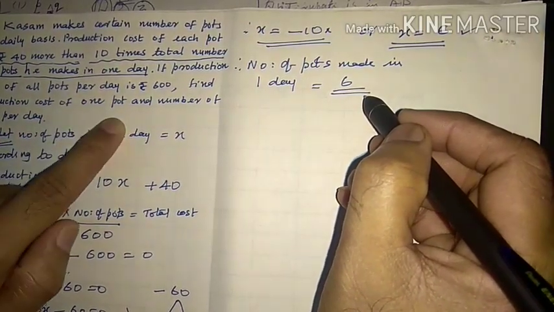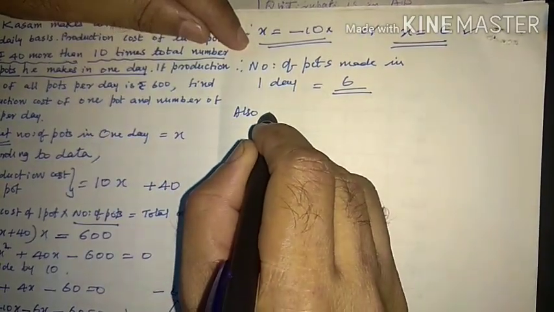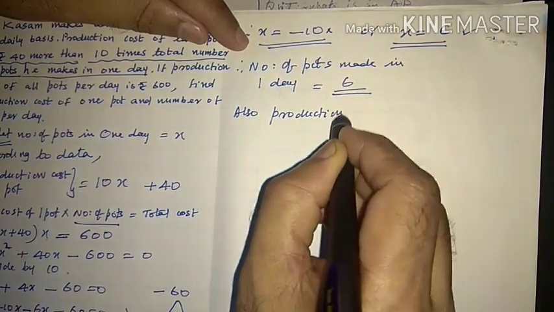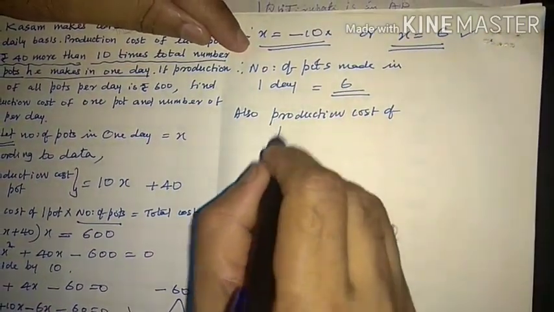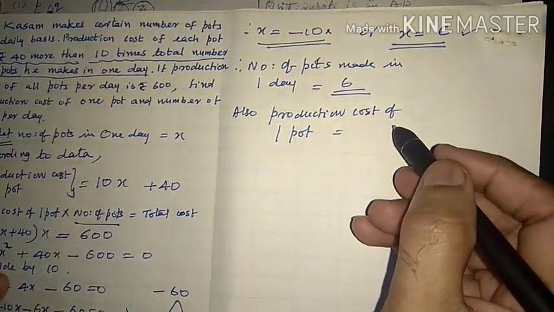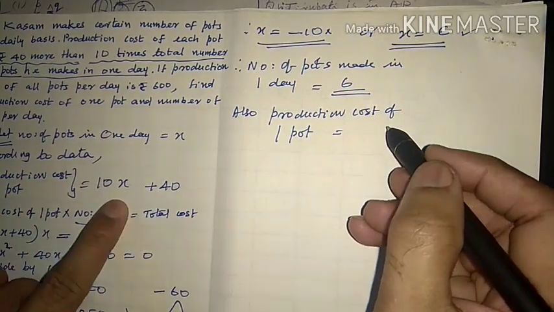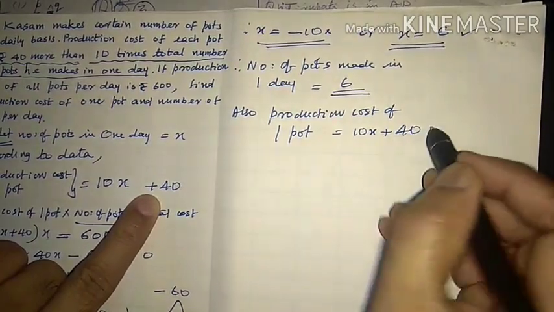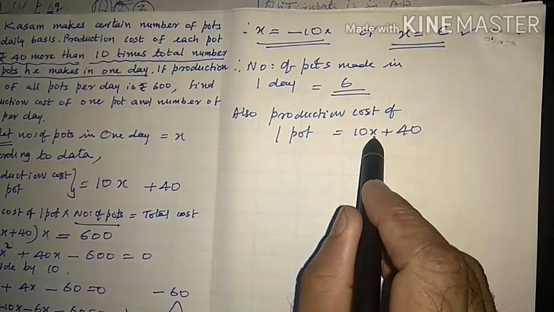The cost of production of one pot. Given, the production cost of one pot equals 10x plus 40, that is, 40 rupees more than 10 times the number of pots he made in a day.